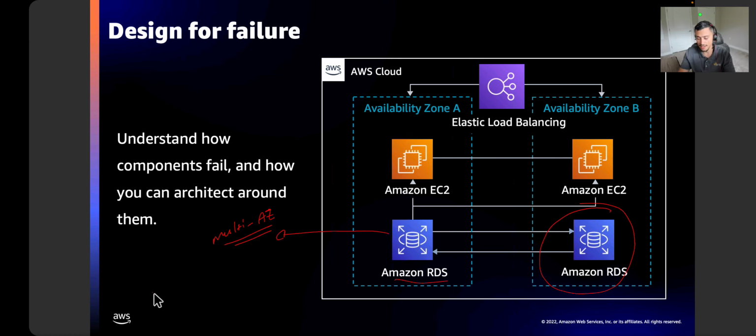In addition to the primary database instance that it spins up in one availability zone, it also spins up a standby secondary database in a second availability zone, so that if the primary ever fails or goes down, we can fail over to the secondary database, right? Those are some ways that we're accounting for failures in this design, basically trying to reduce single points of failure wherever we can.